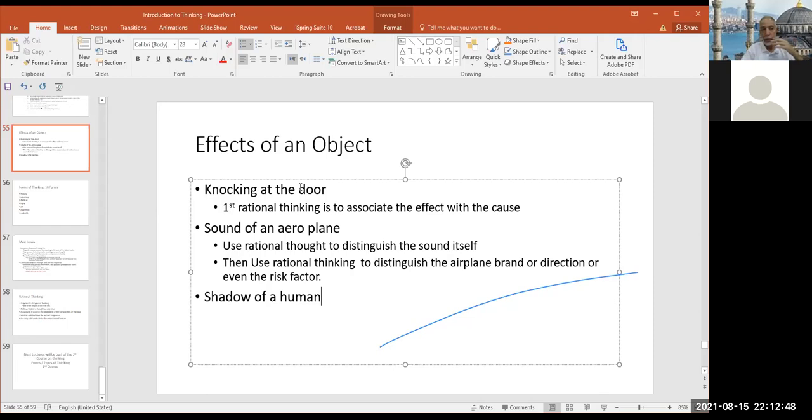So the previous information helps us with the nature of it. With Allah subhanahu wa ta'ala, we don't have the previous information, so we cannot judge the nature of it, but we can sense the existence of it. We can sense the existence, and we can sense some of the characteristics which are related to the effect that we are seeing.